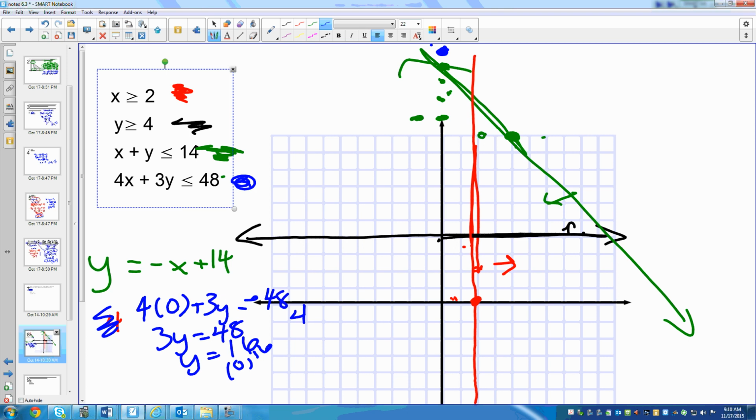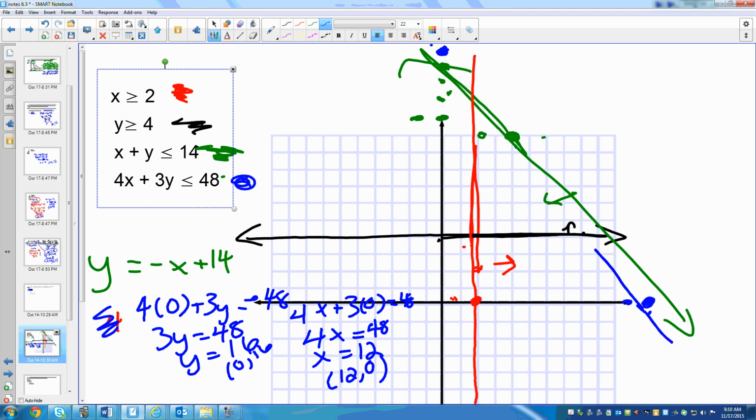So I get 4x plus 3 times 0 equals 48. So 4x is equal to 48. Divide by 4, x equals 12. That's 12 comma 0. So when I put 12 comma 0, go out 1, 2. That's my last point, 12 comma 0. I'm going to go up there.